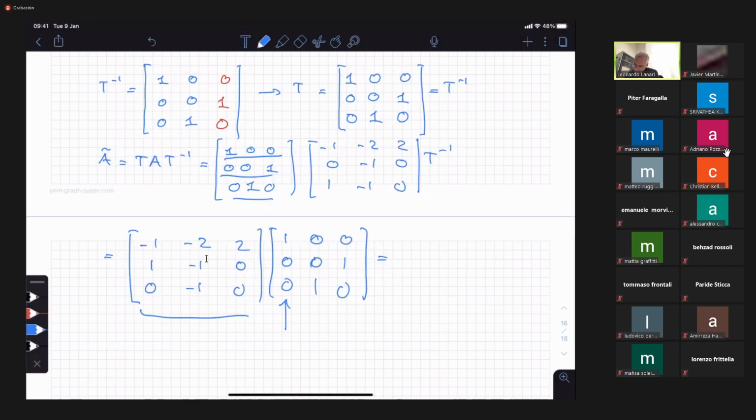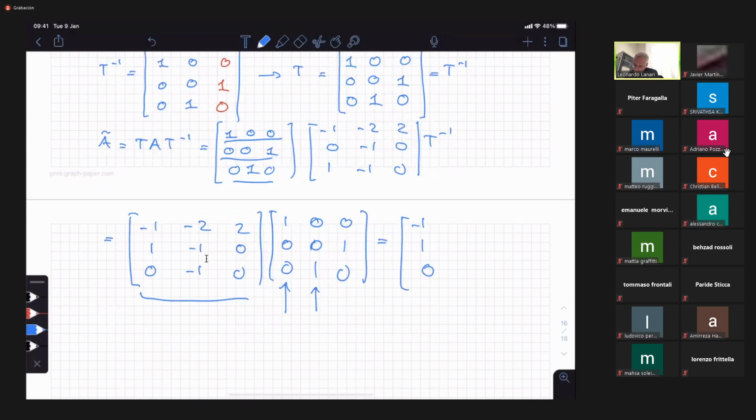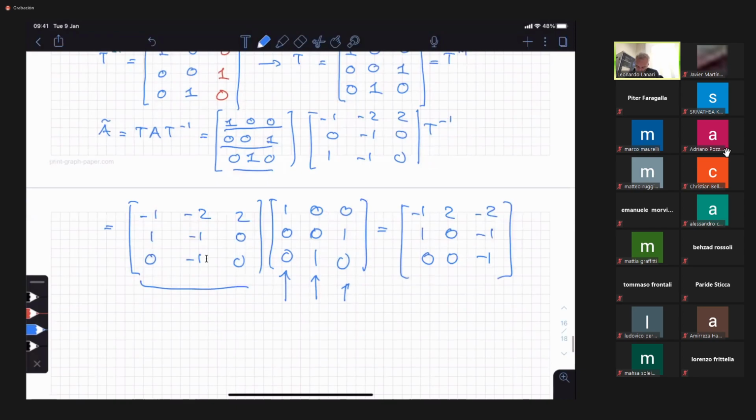So we have -1, 1, 0. This will pick up the last one. And this will pick up the second one. B tilde is TB.